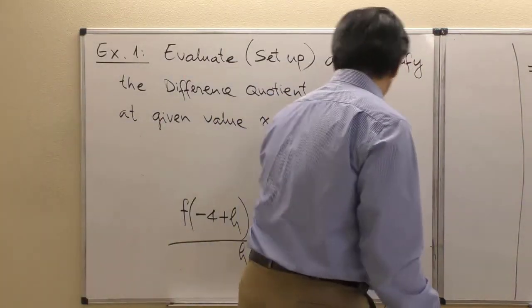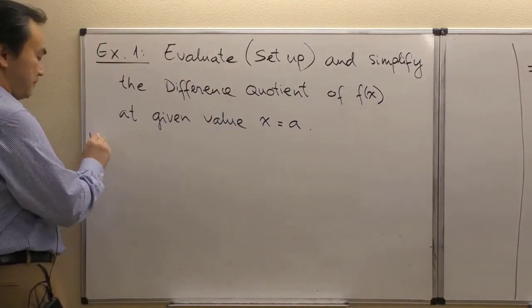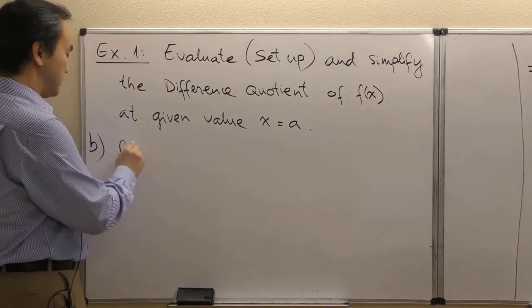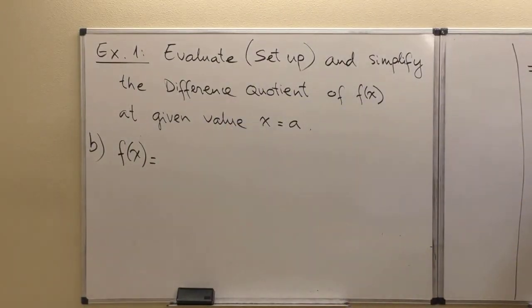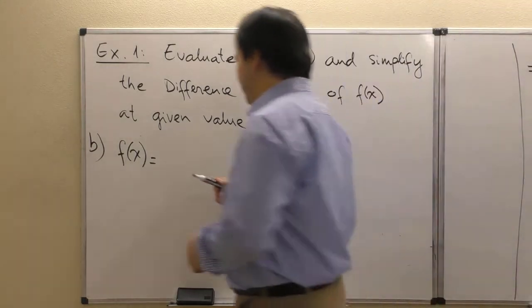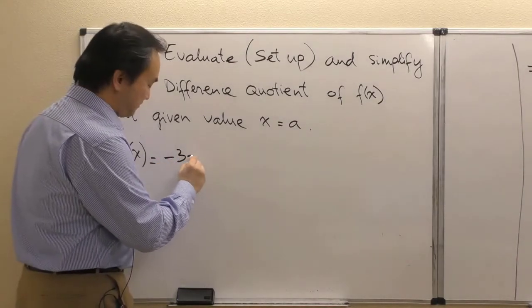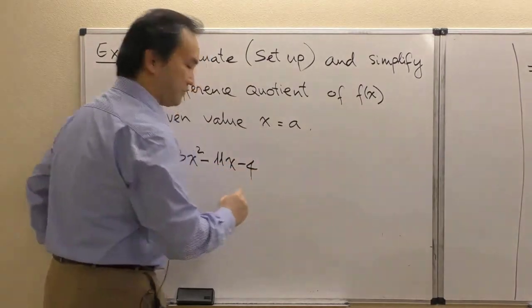All right, so here we go. So let's look at part B. Our function here is, and let me quickly have a look into my prepared problem bank. All right, so the one we have here, how about minus 3x squared minus 11x minus 4.